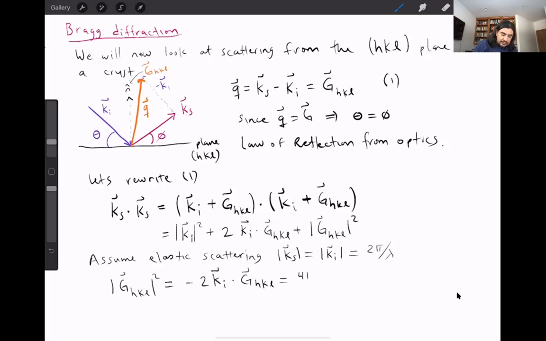Let me put that as 4 pi over lambda, and then the cosine of the angle between them. Let's look back over here. I'm dotting this one with this one, right? So I need the cosine of that angle.